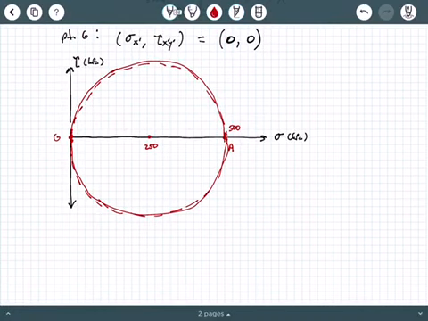What the problem was really asking for is what are the stresses on the inclined plane at 30 degrees. Okay, so here's what you do.